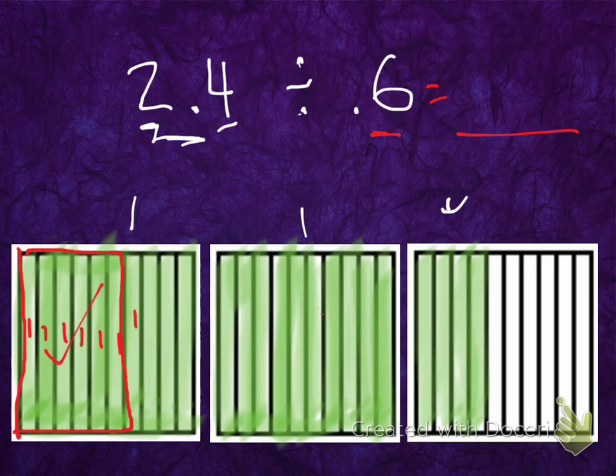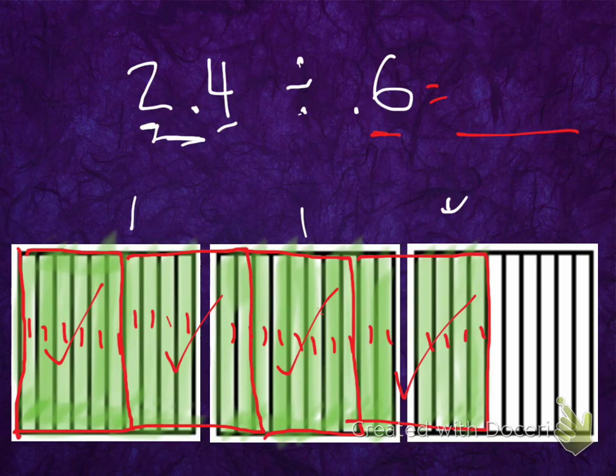I have my next group, 1, 2, 3, 4, 5, 6, which gives me my second group of 6/10. Then I have 1, 2, 3, 4, 5, 6, which gives me my third group of 6/10, and 1, 2, 3, 4, 5, 6, which gives me my fourth group of 6/10.